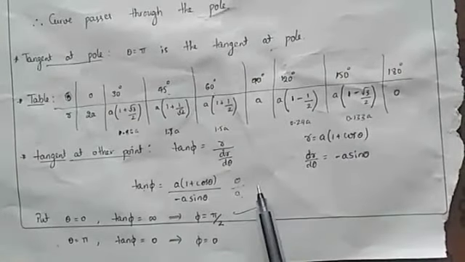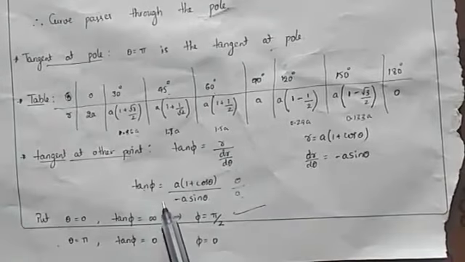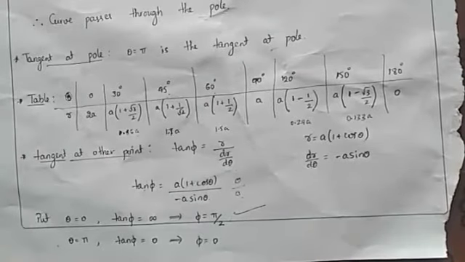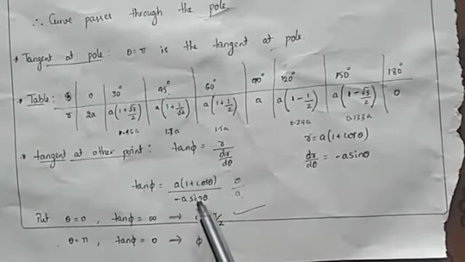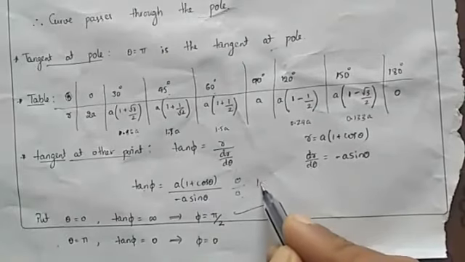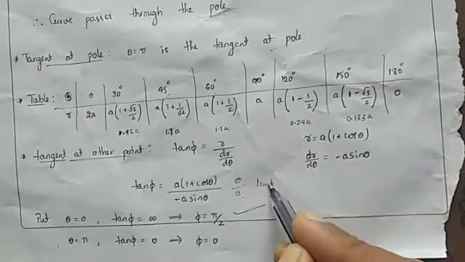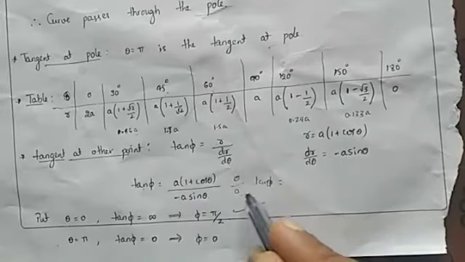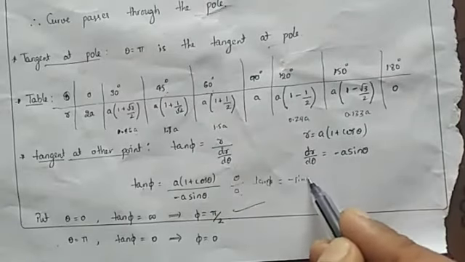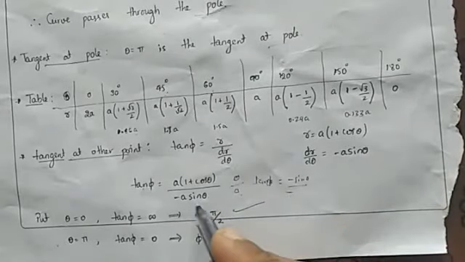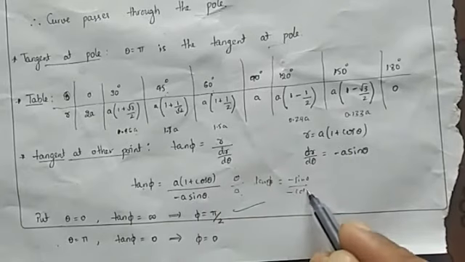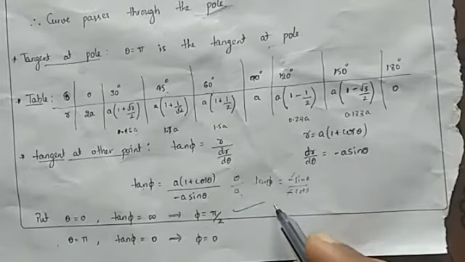By using L'Hospital's rule, we find the tan psi value. Tan psi is equal to the differentiation of 1 plus cos theta, which is minus sin theta, by the differentiation of minus sin theta, which is minus cos theta. Minus minus gets cancelled.